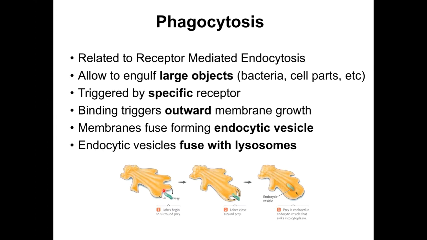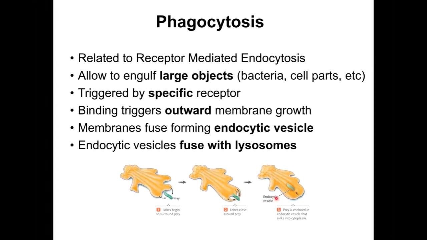And this will cause not the invagination of the membrane in this case, but the extension of the membrane outward. Okay, so the endocytic vesicle in this case is formed by surrounding the object instead of bringing it in by invagination.